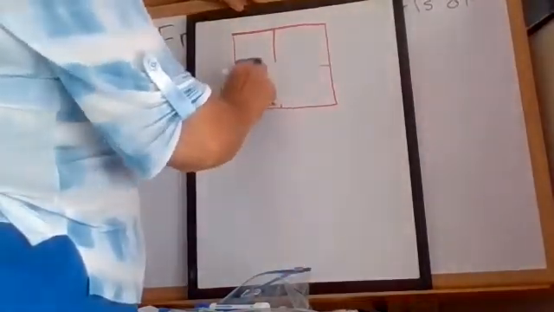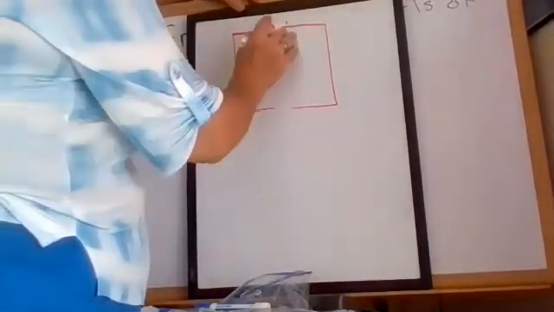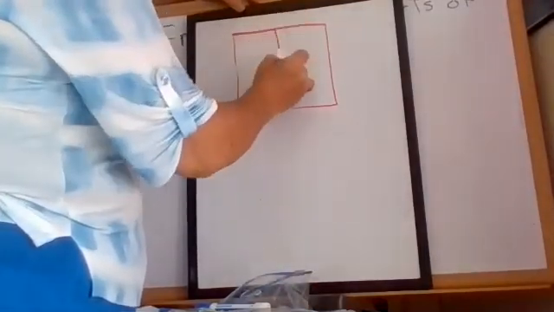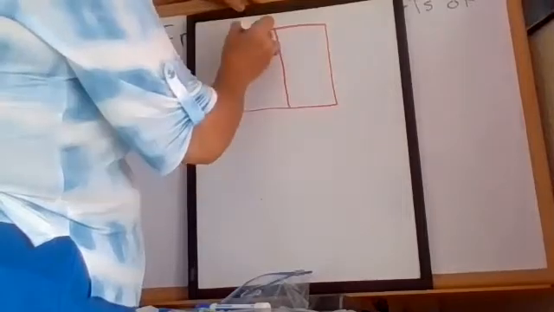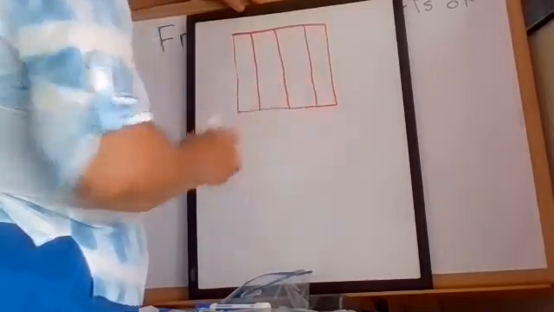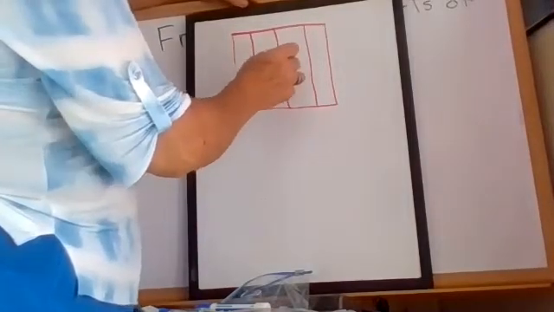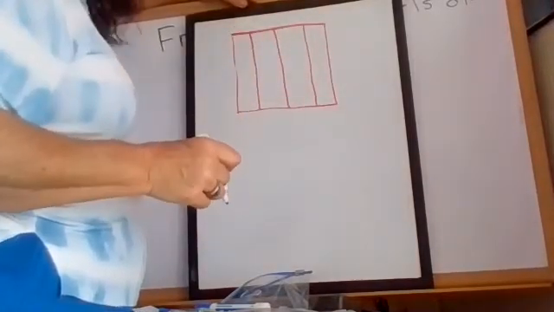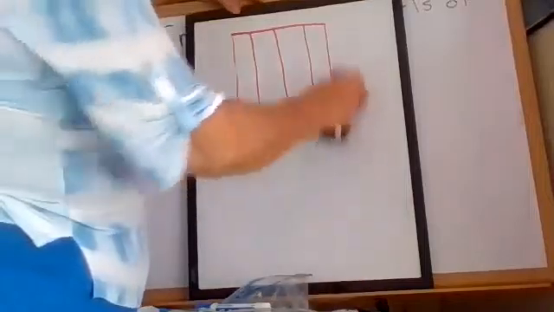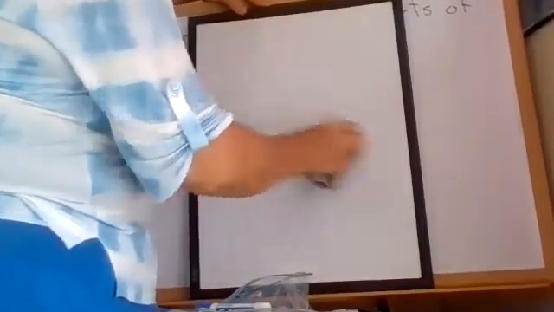What about if I divided my square this way? Do I still have fourths? Yes. 1, 2, 3, 4, because all 4 of them are equal. Okay, get your pencil. We're going to do another one.